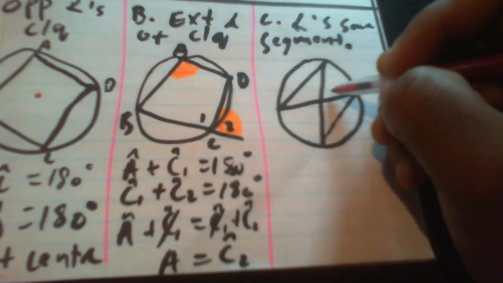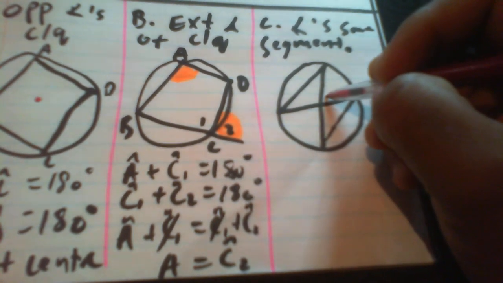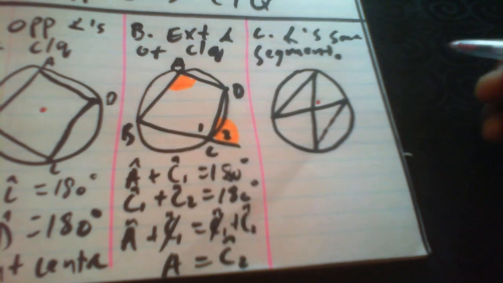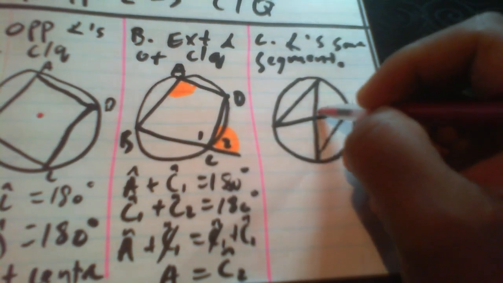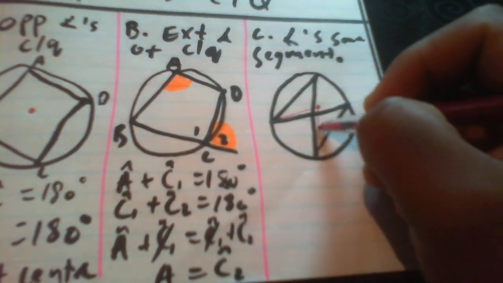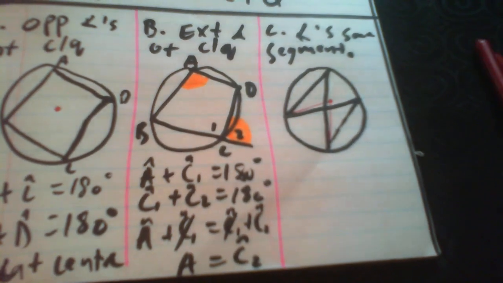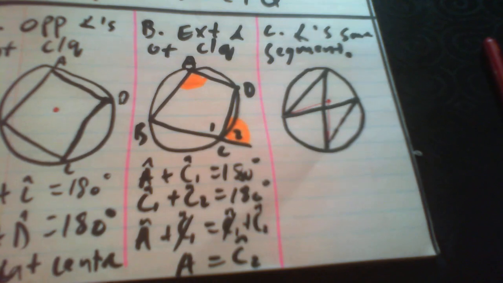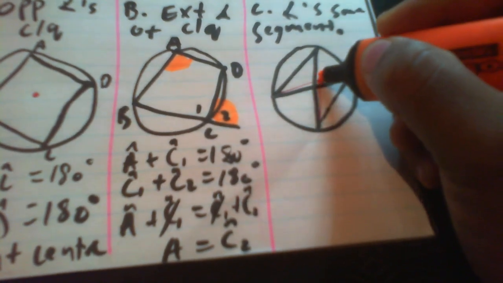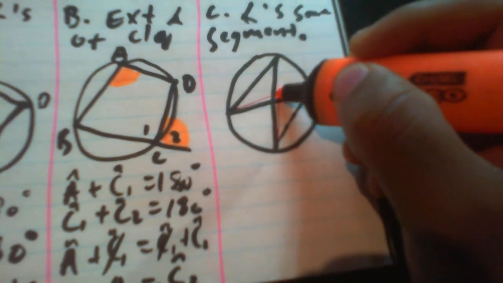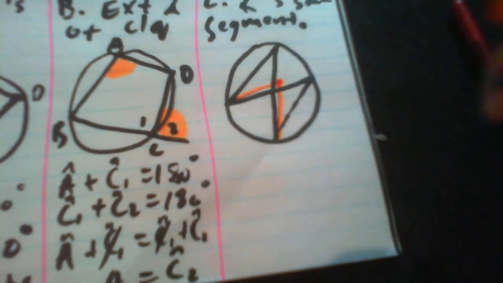What you would need to do, basically, is have your center. So I'll have my center right there, and then you just join your center to one of the chords.